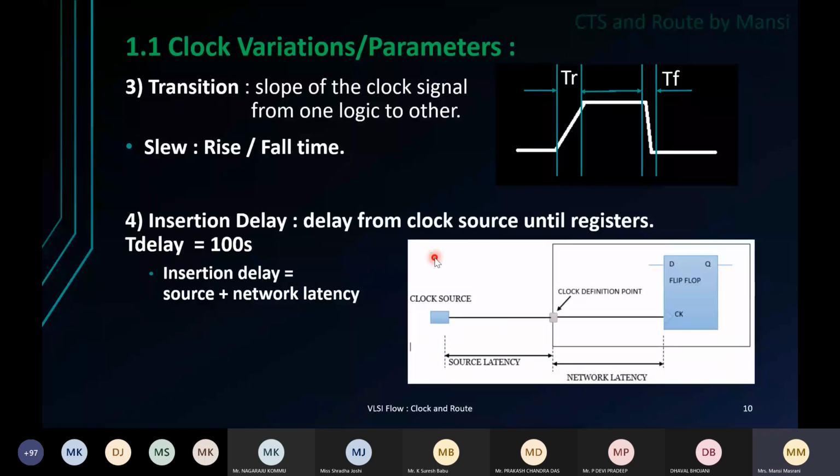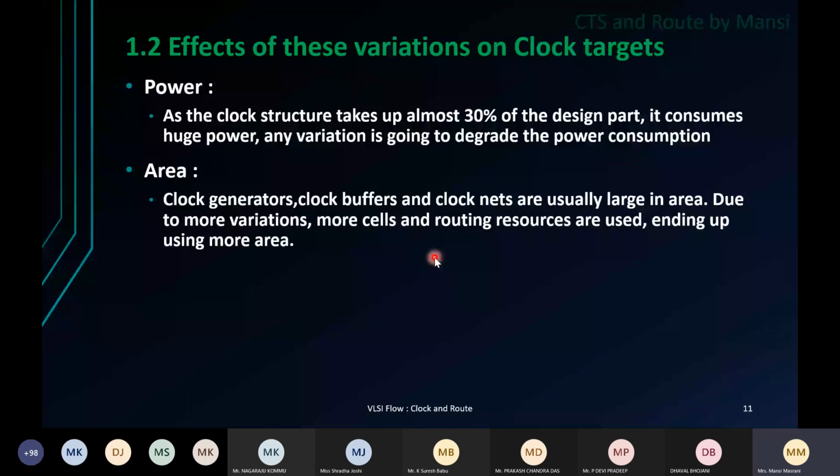Okay, now once we have talked about these parameters, let's see what the effects of this variation on clock targets are. Why are we even talking about these parameters? Because of this variation in clock, as I said, the clock structure is anyway taking almost 30% of the design. So it is consuming huge power, and any small variation is going to degrade the power consumption, so more power is used.